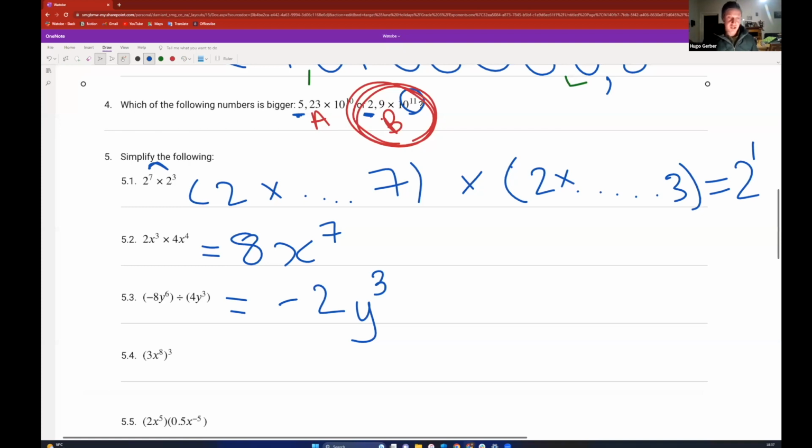All right, let's look at 5.4. Any answers in the chat? Any takers for 5.4? Nelson, put your hand up, Nelson. There we go. Nelson is so obedient. Good boy.